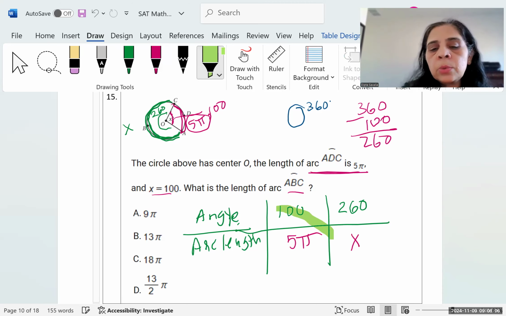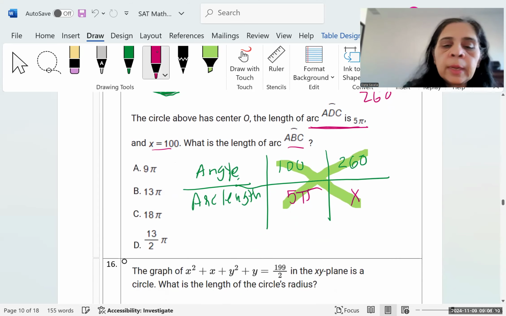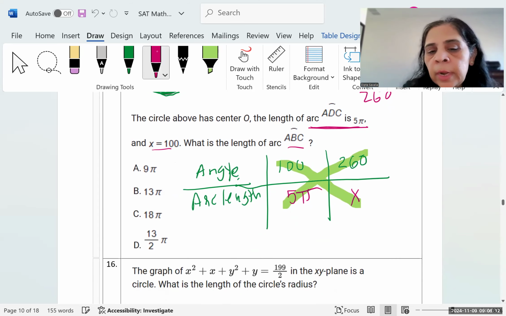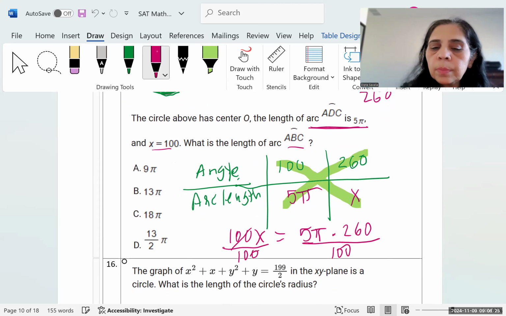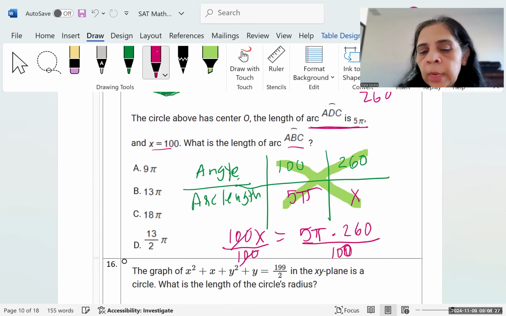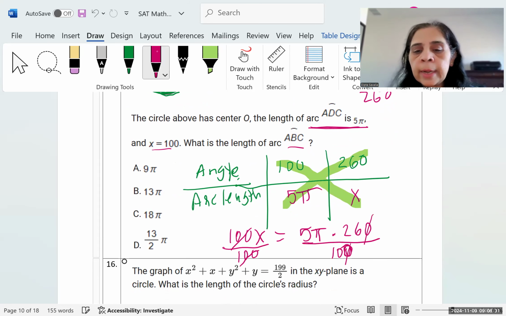Now you simply do cross multiplication. What equation can we write here? We can see 100x equals 5 pi times 260. Now we can just divide by 100. Any time we have 0s in both, we can just cancel them out. That means we just divide by 10.